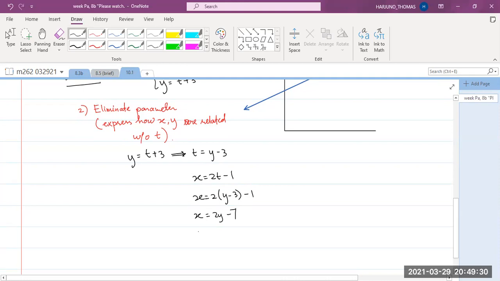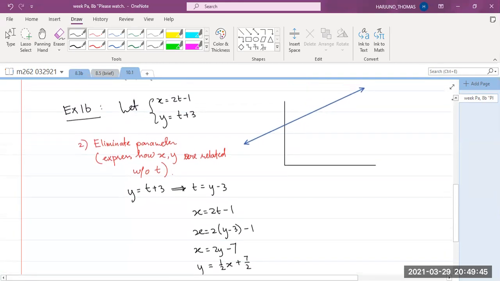So you will see if we write it in slope-intercept form, then we will get y equals 1/2 x plus 7/2. Okay. Now the graph that we have here is basically that line.